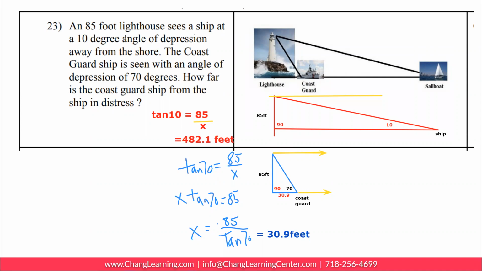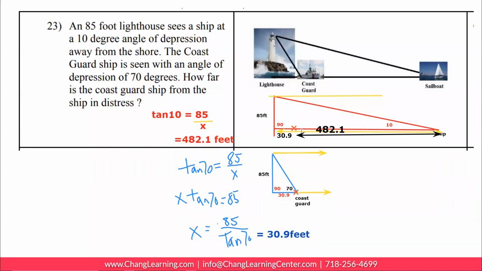Since the entire distance is 482.1, but we want the distance from where the Coast Guard ship is, we really just want 482.1 minus 30.9. So the entire base is 482.1 minus the 30.9, which is just the distance from the lighthouse to the Coast Guard ship.